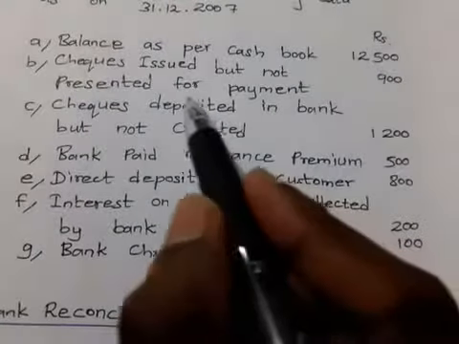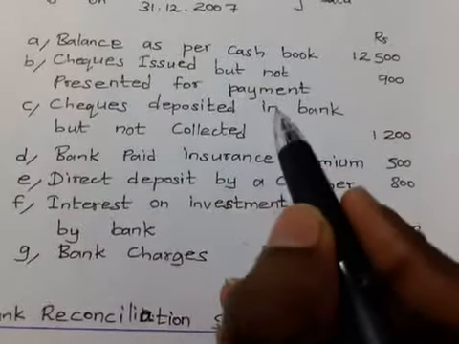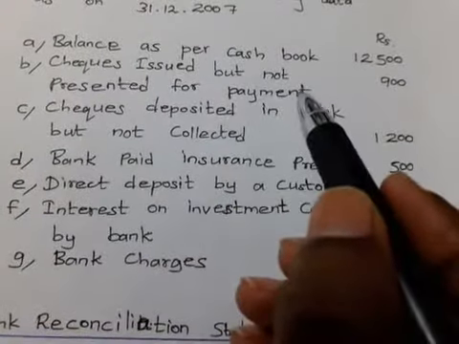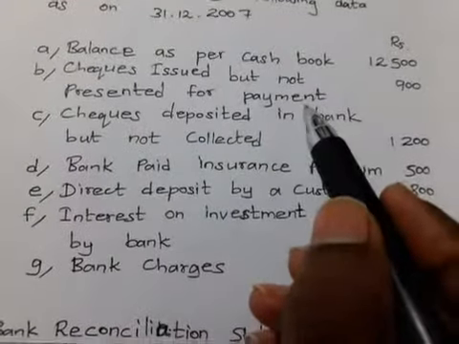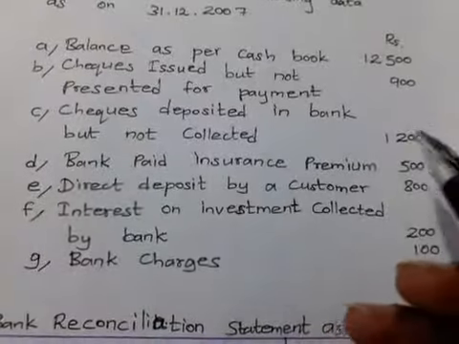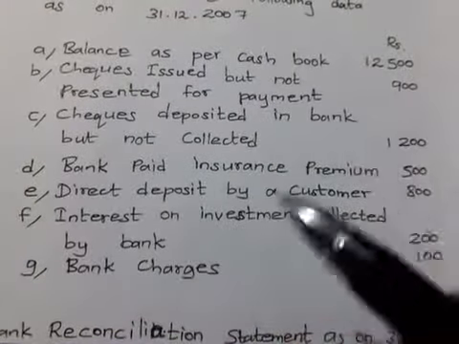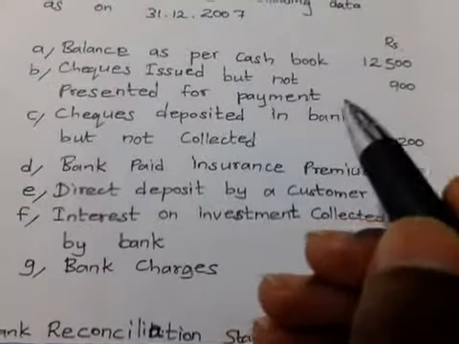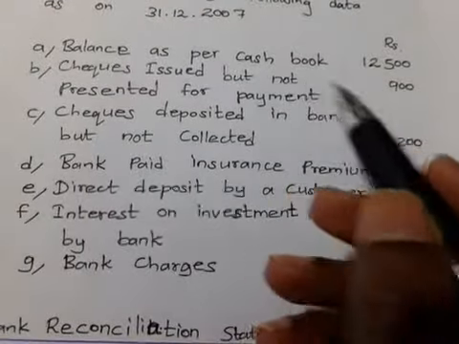The second thing says about the checks issued but not yet presented for payment. When a firm issues the check, at that time it records in its books as a reduction of the amount because it is issuing a check to a supplier. So it's deducted from the cash balance.